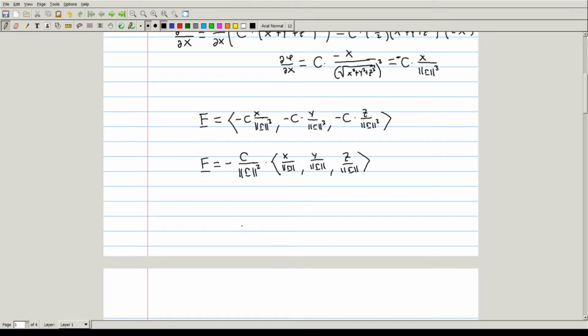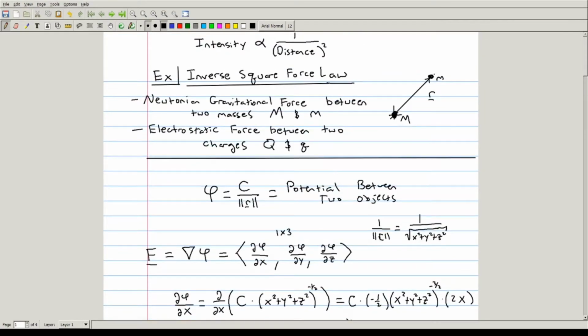And you hopefully will see why we've written it like this, because this now says that the force is equal to negative c over the length of r squared. And this vector right here is a unit vector that points in the direction of the mass, in the example of the mass m.